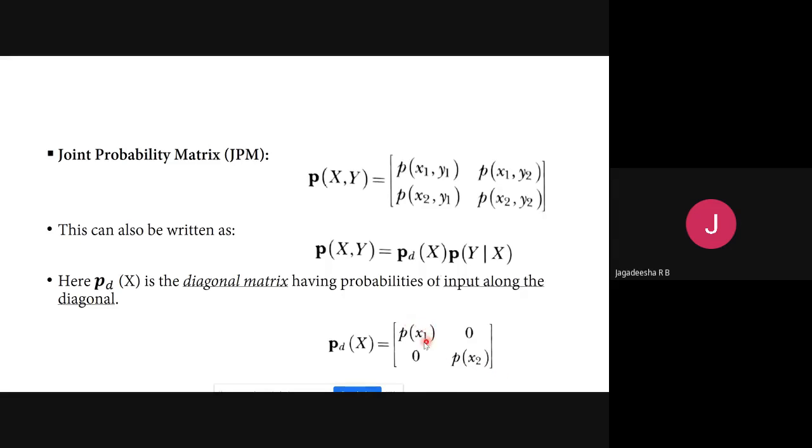For example, for x1, what's the probability? For x2, what is the probability? So this is the diagonal matrix. So that is represented as PD of x. So when you multiply that with the conditional probability, you should be getting the joint probability. This is the theory. Okay, you can verify that in our examples. We will verify that.